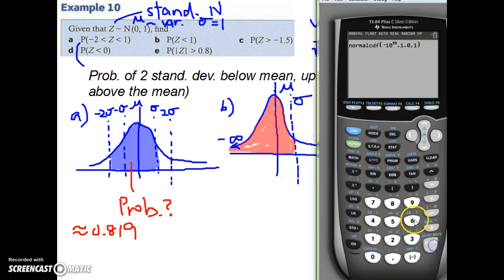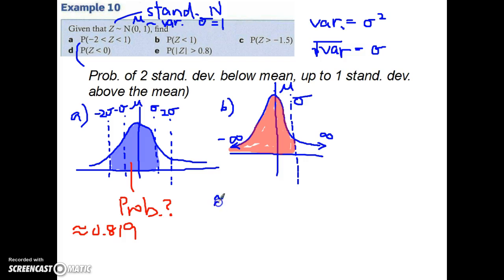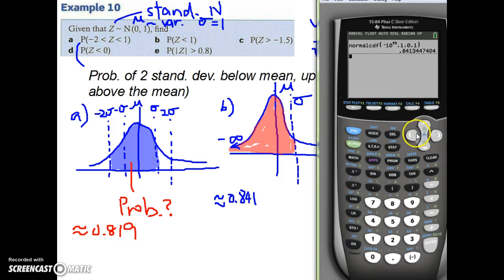Paste it, and your answer is going to be approximately 0.841. Hope you guys get that. So we're using this 10 to the power of 99 to symbolize infinity or negative infinity.